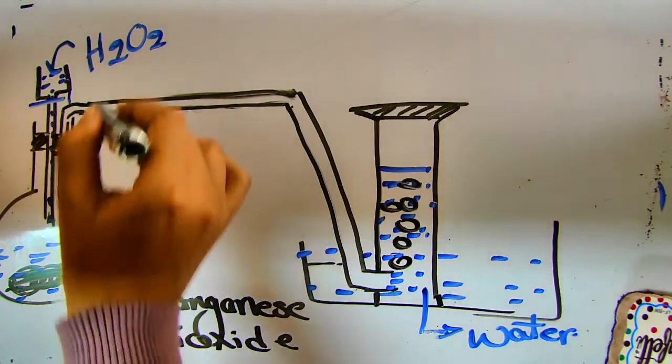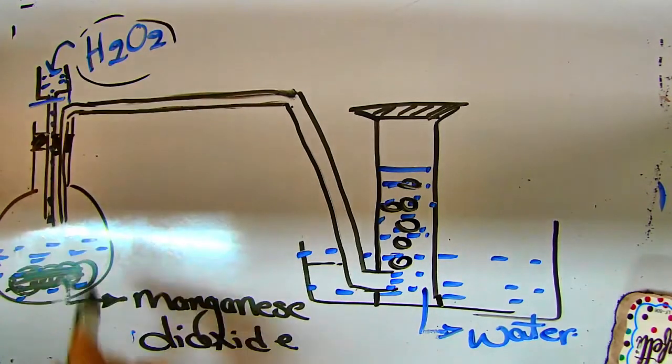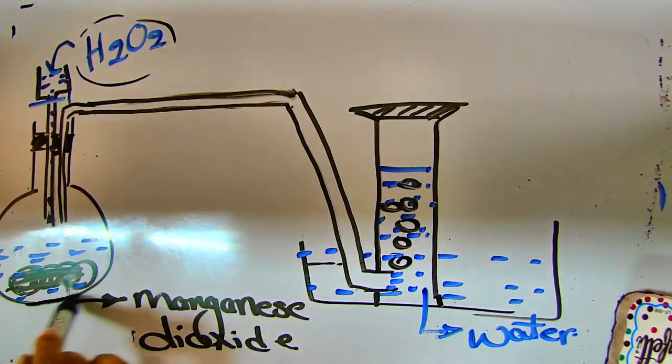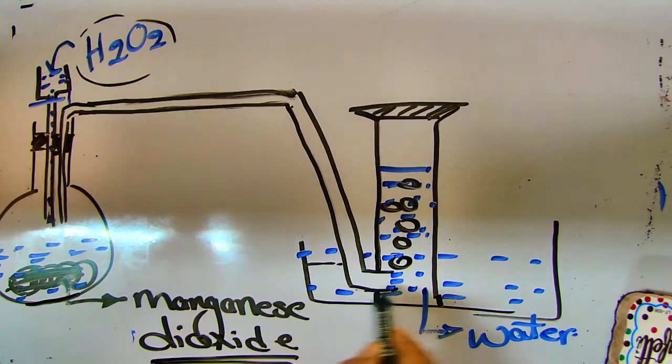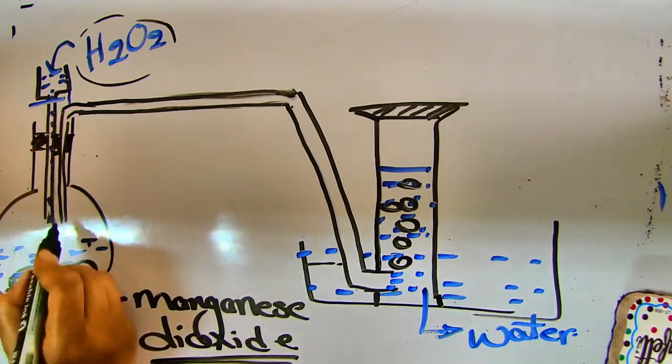First, hydrogen peroxide will decompose by manganese dioxide into water and oxygen gas.